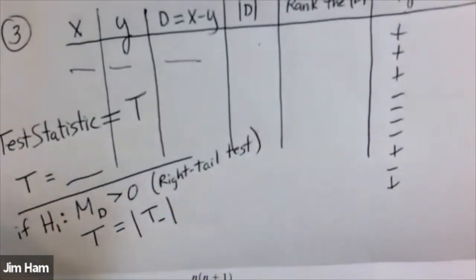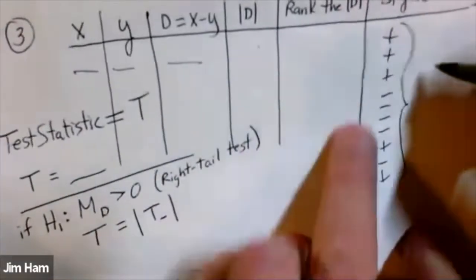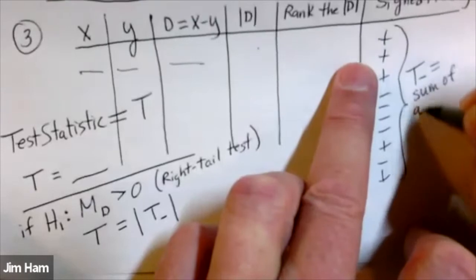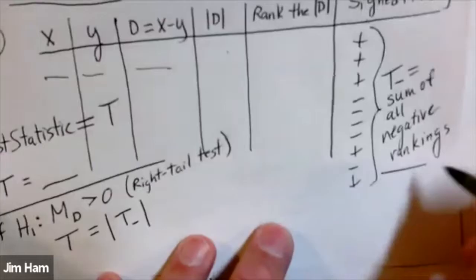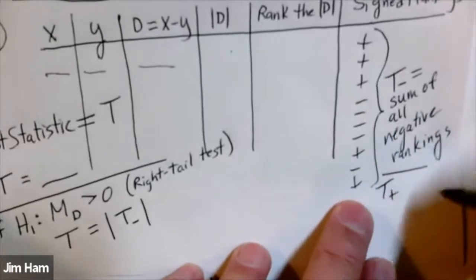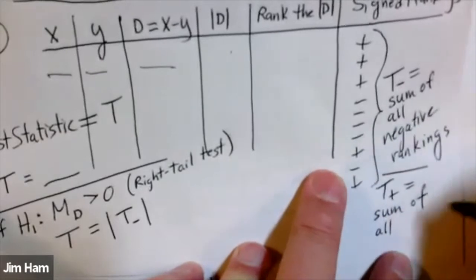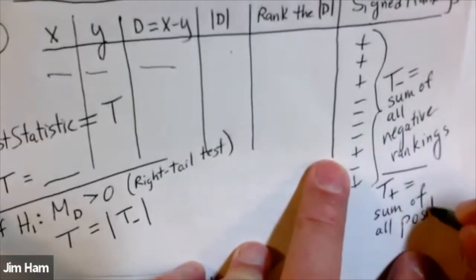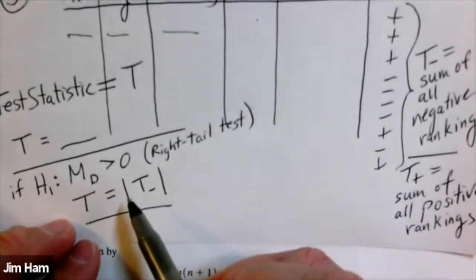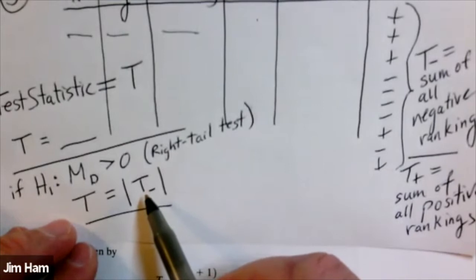Now, T minus equals the sum of all negative rankings. And we're going to calculate its counterpart, T plus, equals the sum of all the positive rankings. So this is the first scenario. Since we have a right-tailed test, a left-tailed test, and a two-tailed test, we're going to define what the test statistic is for each of those 3 tests.